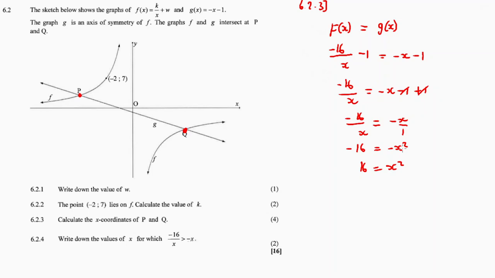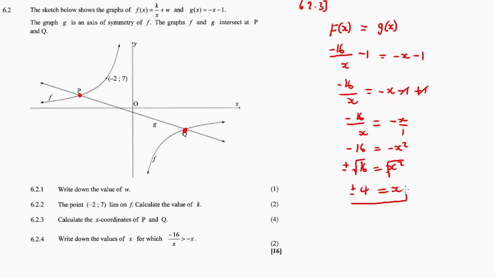If I solve for x, I want only x squared to remain. So therefore I take the square root of both sides, it's plus or minus 4 is equal to x.